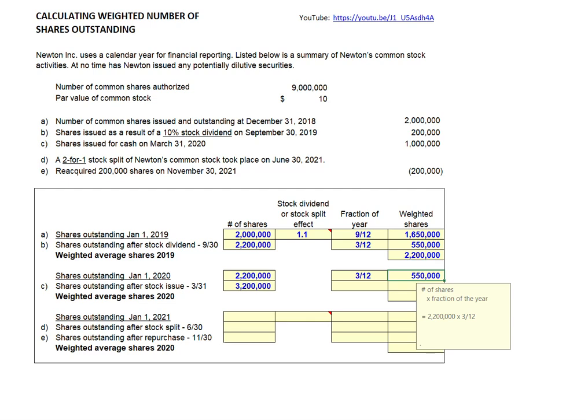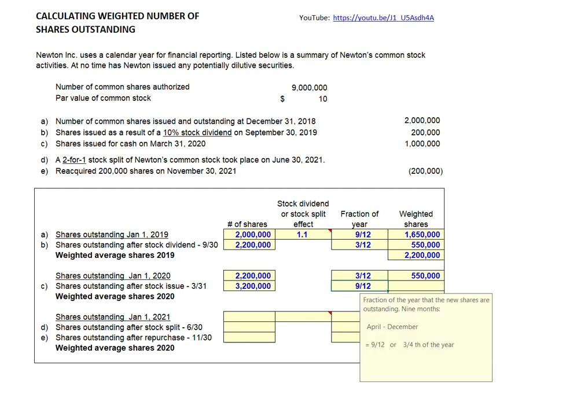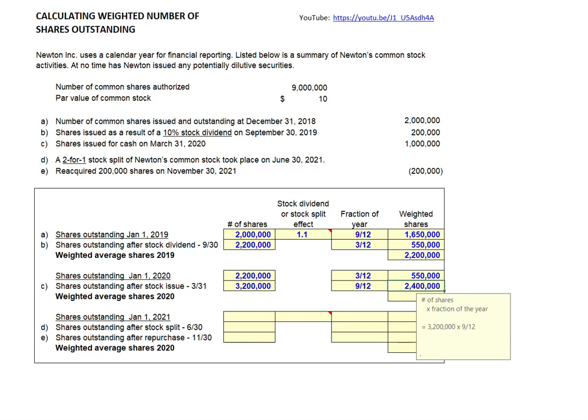The 3.2 million shares were outstanding for 9 months, from the months of April through December. We take 3.2 million, multiply it by the fraction 9/12, and get 2.4 million weighted average shares. For the year then, we have 2,950,000 weighted average shares outstanding.